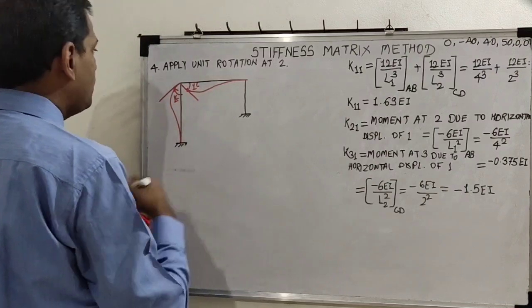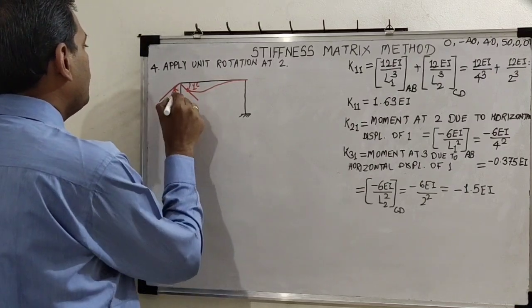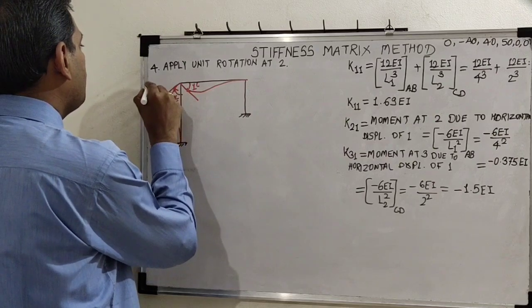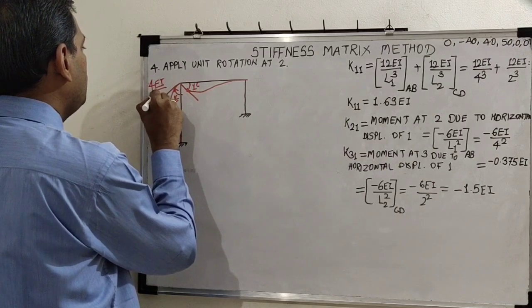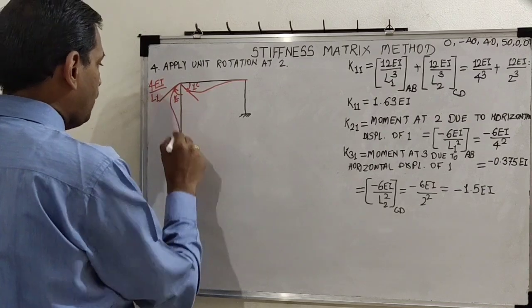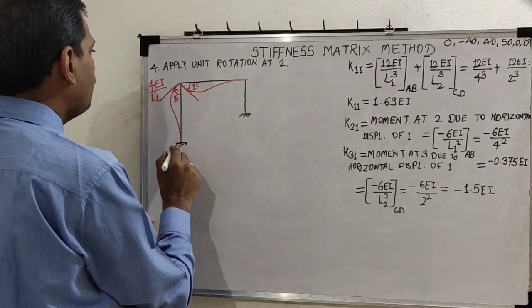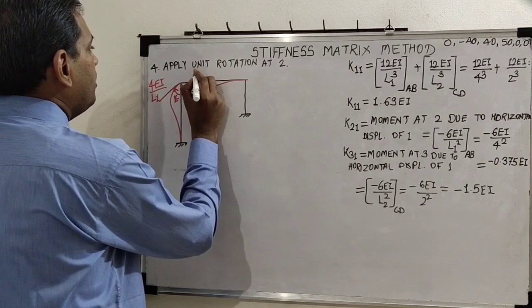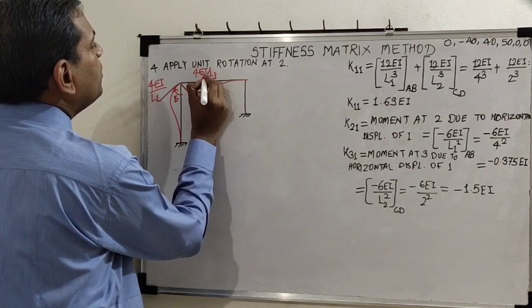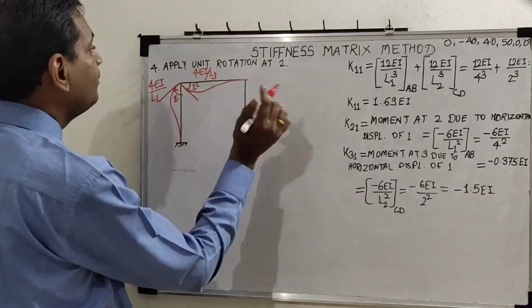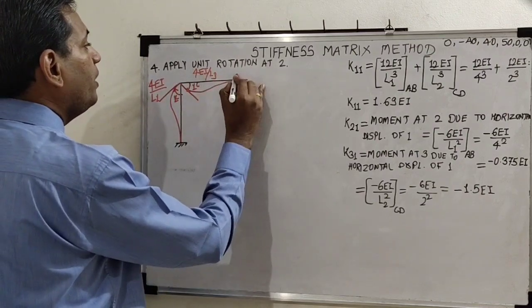So what will be the values? Let us see one by one. Because of this rotation, here the stiffness will be 4EI upon L1. So its half value will be here. It is of no use for us. Second stiffness is here, 4EI by L3 we shall say, because L2 we are saying for column. And its half value will come here.